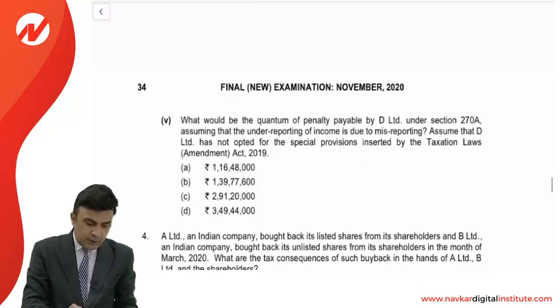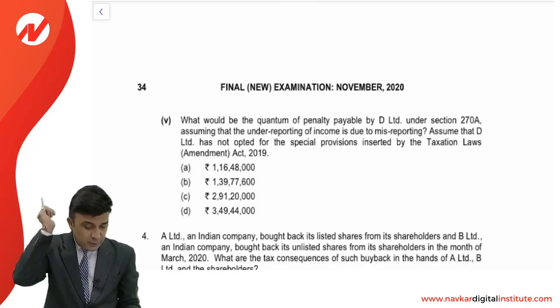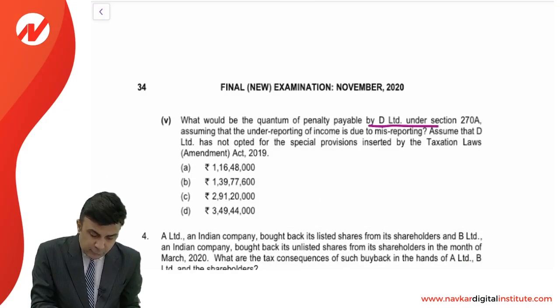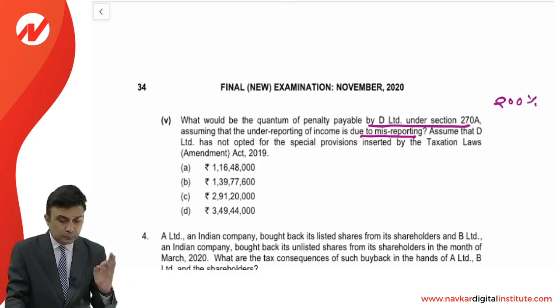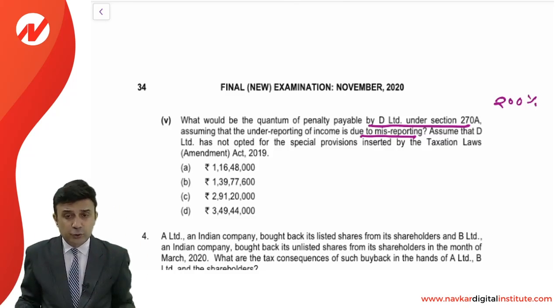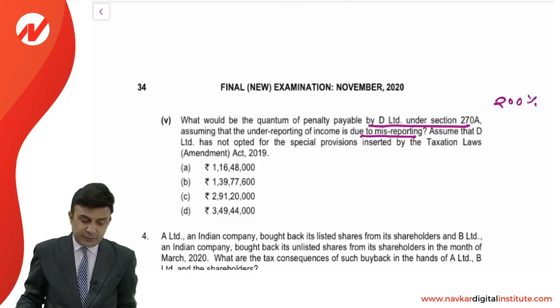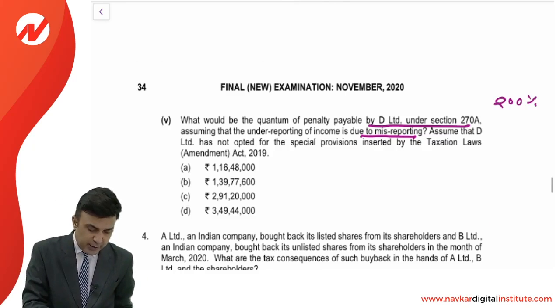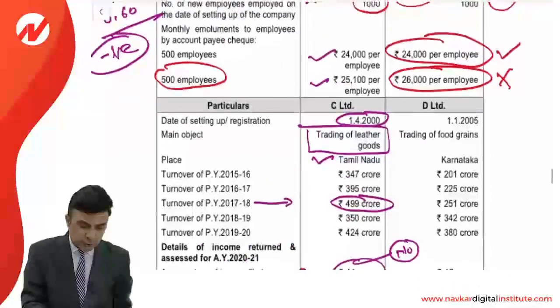And the last but not the least, friends, what would be the quantum of penalty for D Limited under 270A, assuming that under-reporting is due to misreporting, meaning thereby the penalty will be 200% of tax. Assume that D Limited also has not opted for the new provisions of the Taxation Laws Amendment Act 2019. Let me check the position of D Limited.